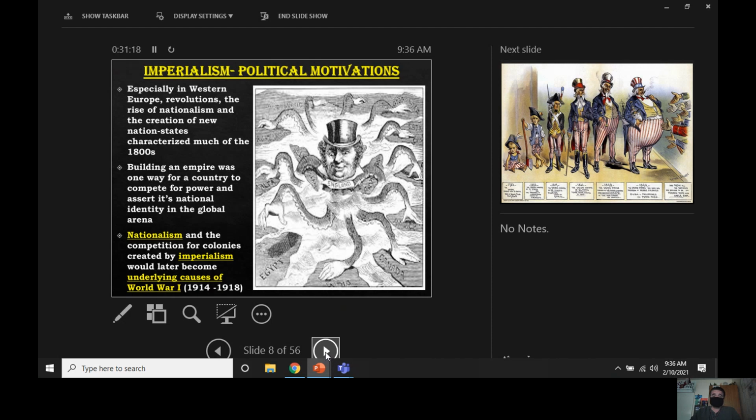Nationalism and the competition for colonies created by imperialism would later become underlying causes of World War I, 1914 to 1918. We're going to get to World War I after this, because this is how we get there. And we'll talk about some other stuff like militarism and the alliance system, but you've got to understand World War I, even though it's called World War I, it's primarily a European conflict.